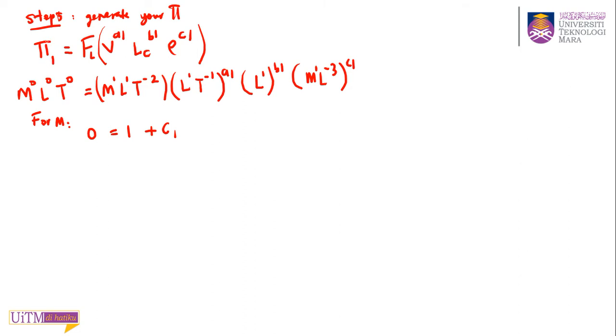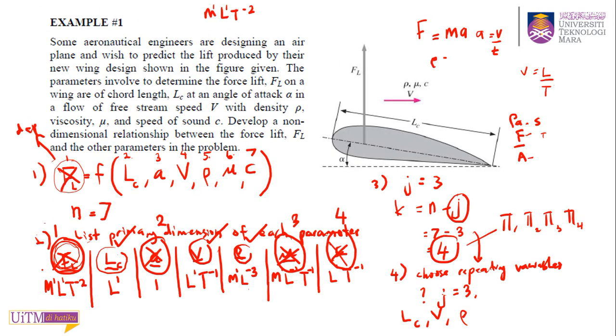The pi 1 will equal to the first: you have FL and alpha, mu and C, which are not yet used. The L, V and rho are your repeating variables that you already chose here.